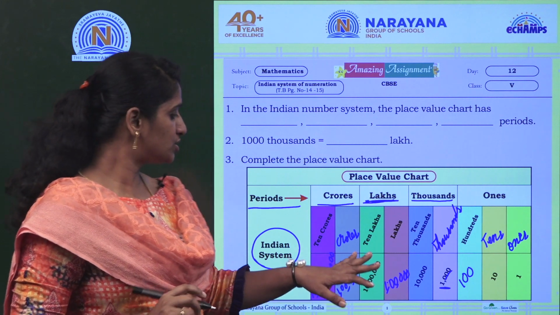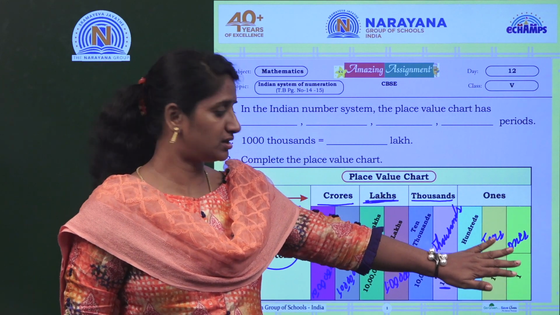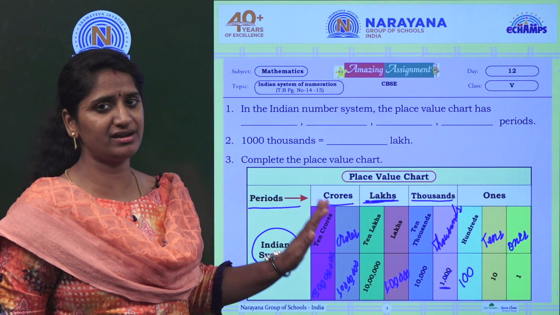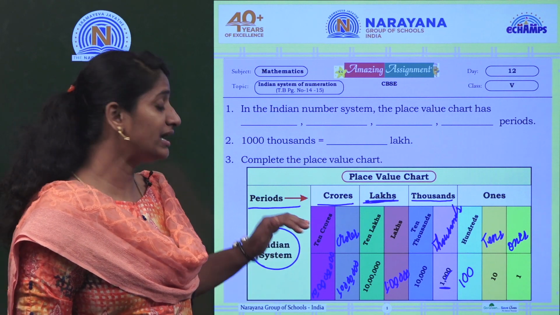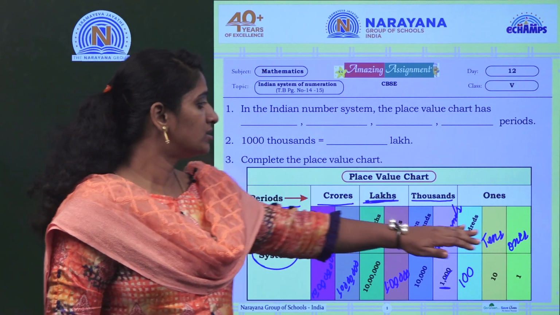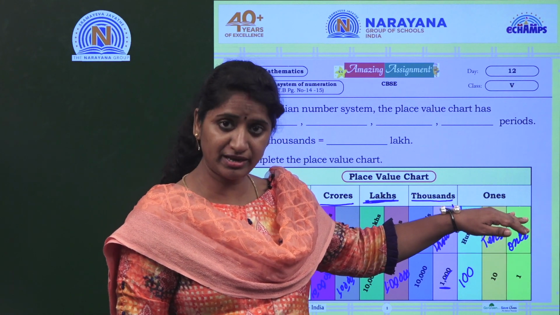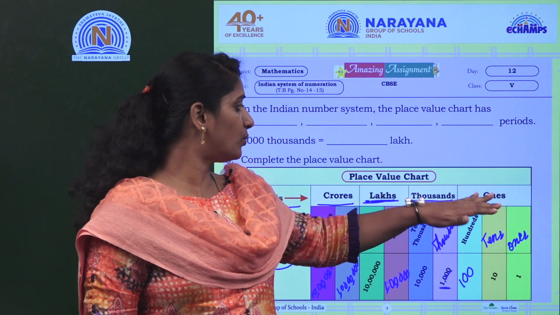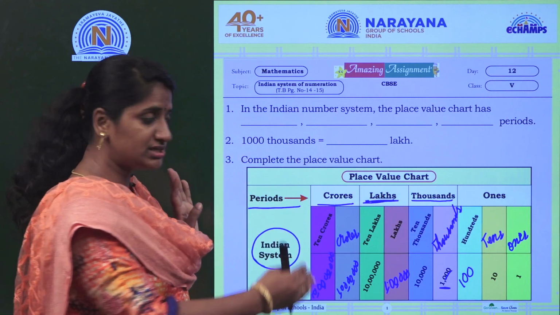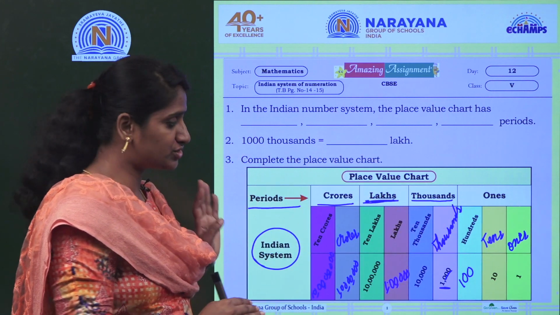Okay, children. So this chart is related to the Indian number system. In Indian system, we have the places, that is ones period, we have periods. We are writing this place value chart as periods.